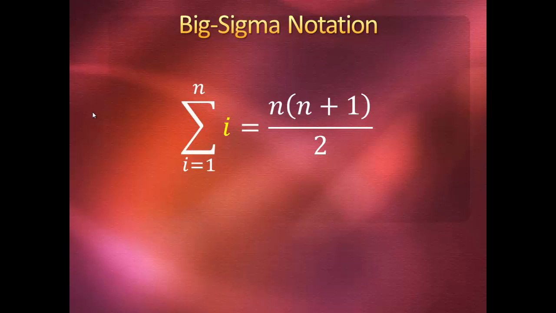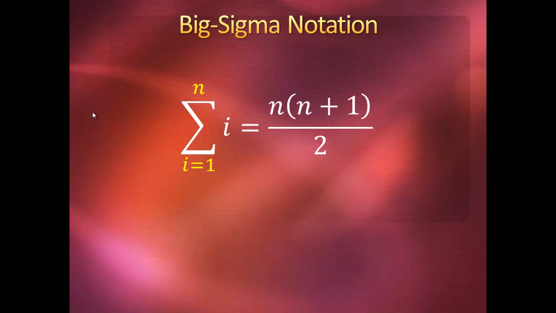To the right of the sigma, we give an expression for the rule we're using, and below and above the sigma, we give restrictions on what numbers to plug into that expression. On the bottom is the first number we plug in, and on the top is the last number. Then the sigma itself means that once we plug all the integers into that expression, starting with the first, incrementing by 1 each time, and ending with the last, we add all these expressions up to find our final sum.